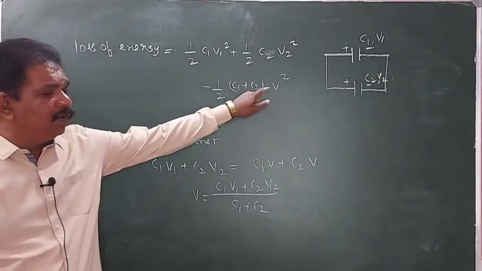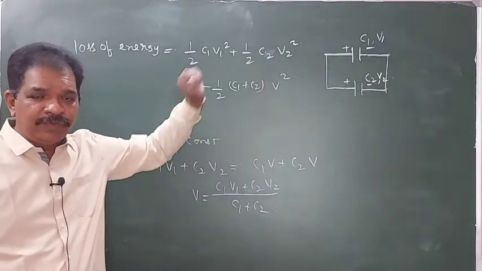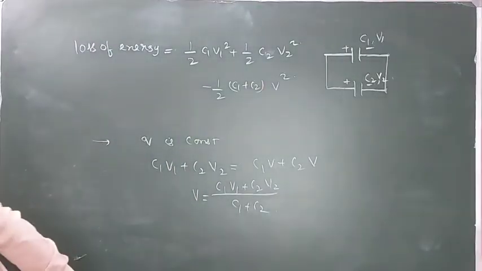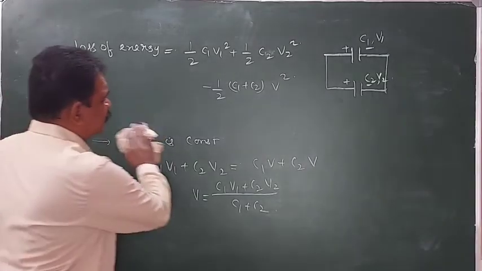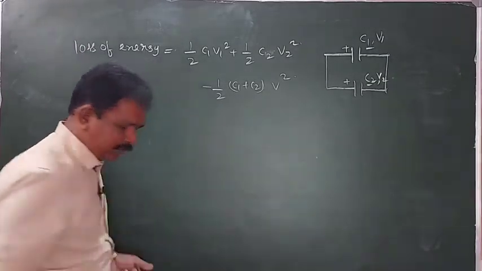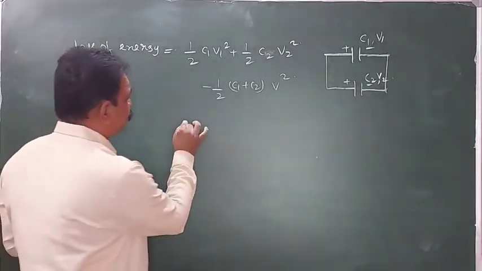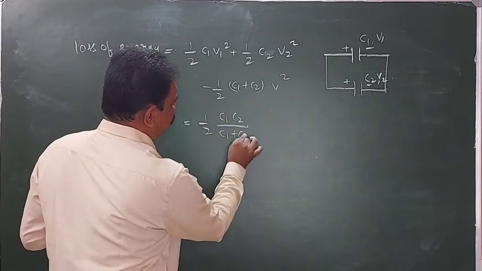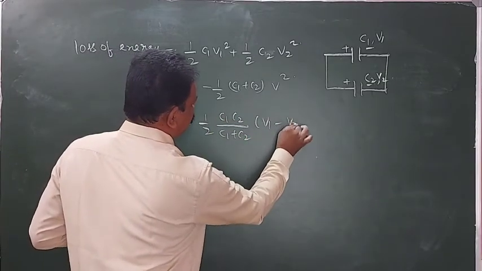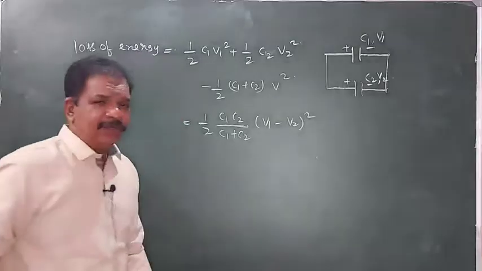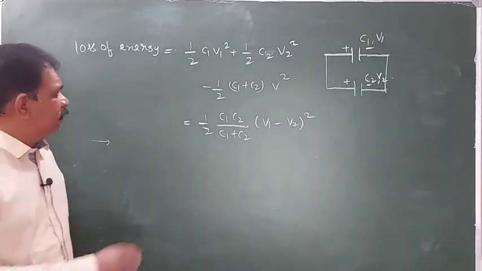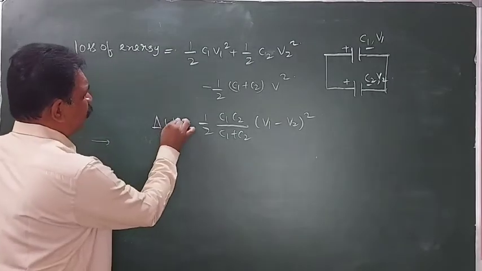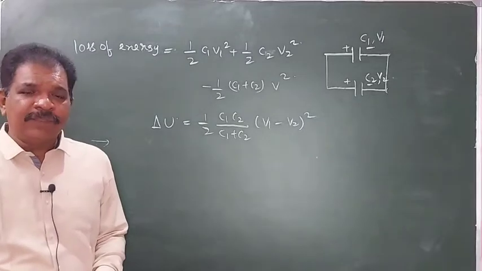By substituting this V value here, finally we will get 1 by 2 C1 C2 by C1 plus C2 into V1 minus V2 whole square. This is the formula for loss of energy.